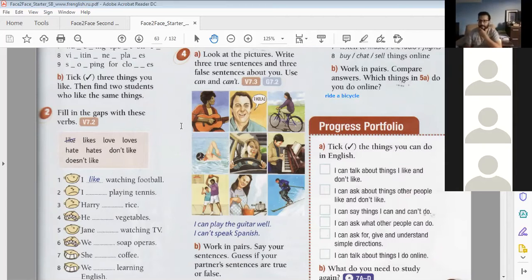Speak French. Spanish. I can drive the bicycle. Okay, what about Spanish? Do you speak Spanish? No. Okay. So how will you express it? What do you say?